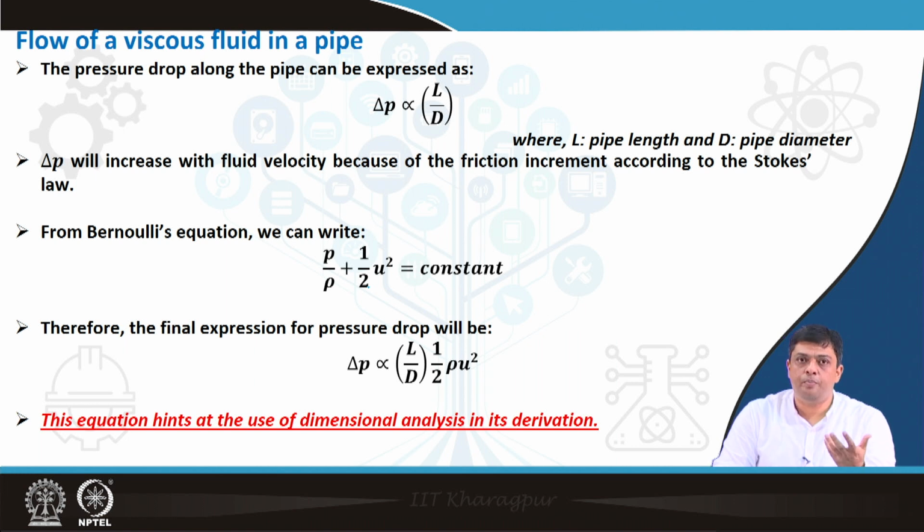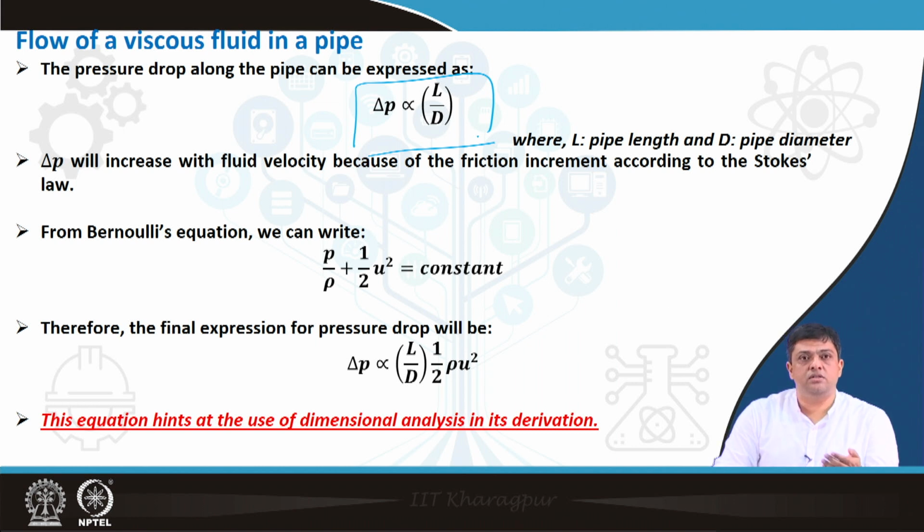The pressure drop along the pipe can then be expressed as delta P is equal to L by D, where L is the length of the pipe and D is the diameter.